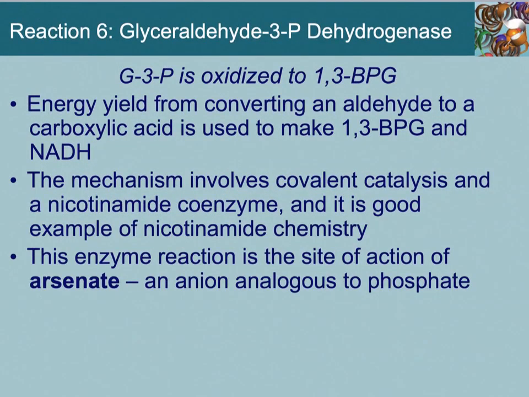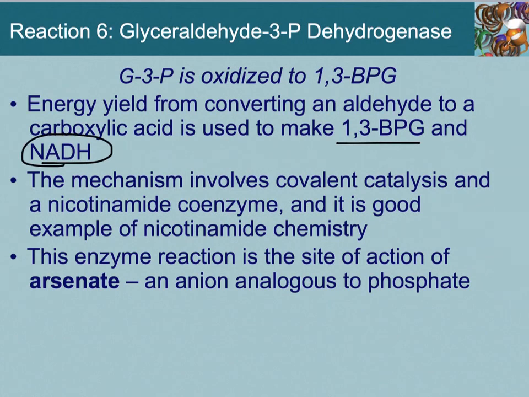Alright, so reaction 6 of glycolysis. We're going to convert glyceraldehyde 3-phosphate into 1,3-bisphosphoglycerate, or 1,3-BPG. This reaction is going to be catalyzed by glyceraldehyde 3-phosphate dehydrogenase. Not only is a product 1,3-bisphosphoglycerate, but we're also going to make NADH.